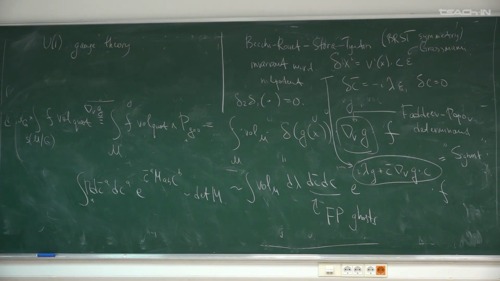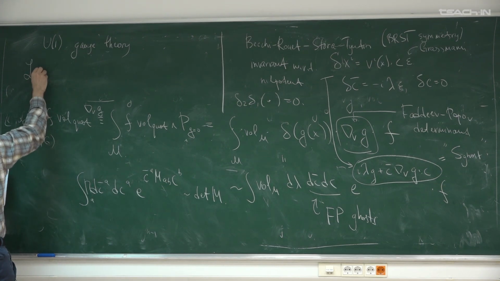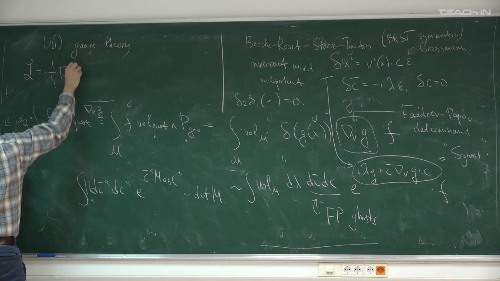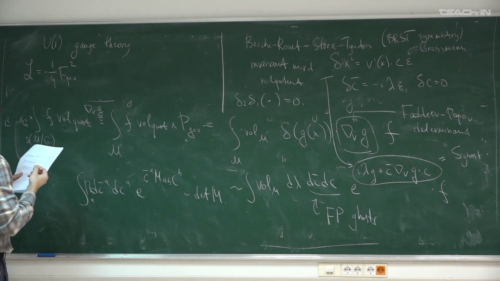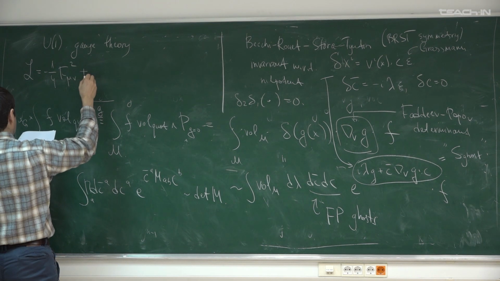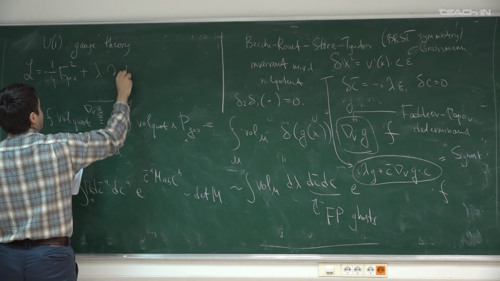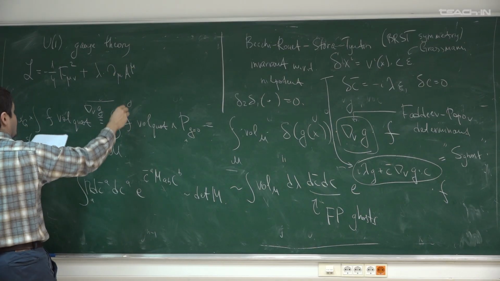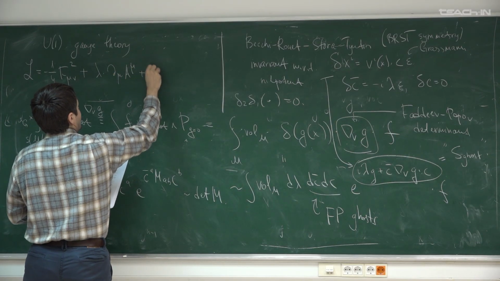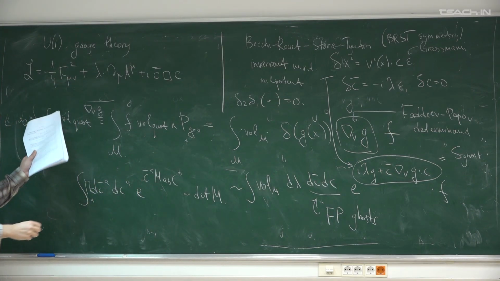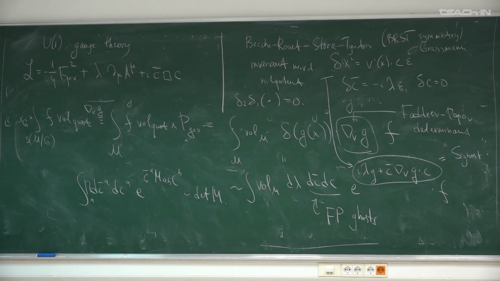Here your Lagrangian is the original Lagrangian of U(1) gauge theory, which is gauge invariant, plus some gauge fixing constraints. For example, in Lorentz gauge we have this, which is the gauge fixed action in electrodynamics.